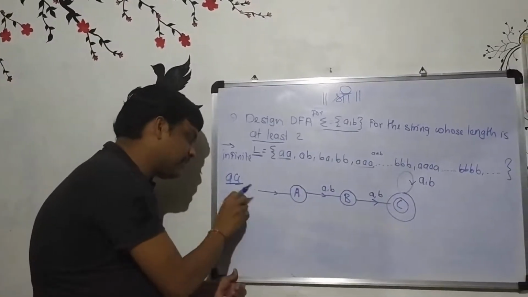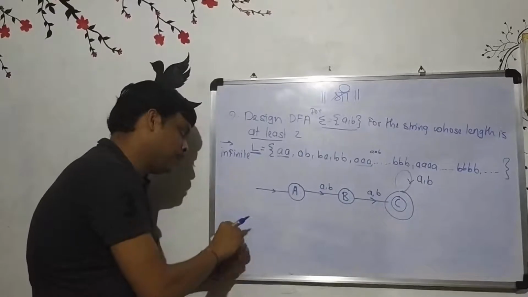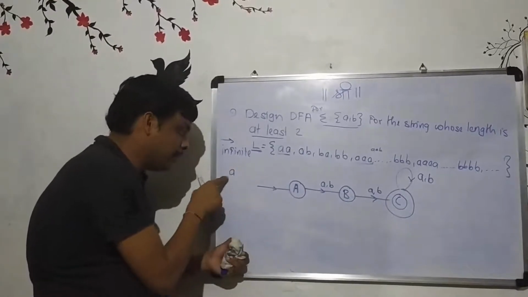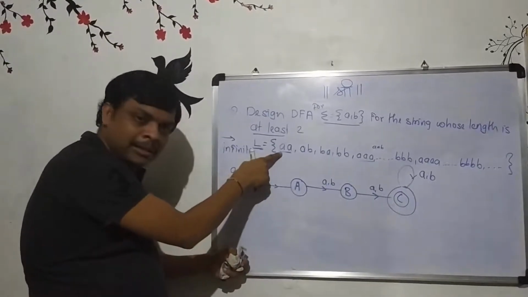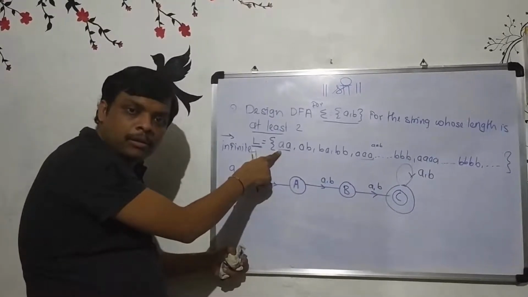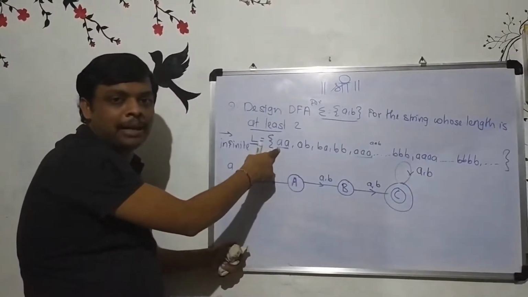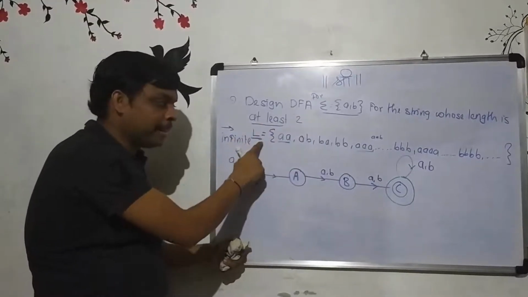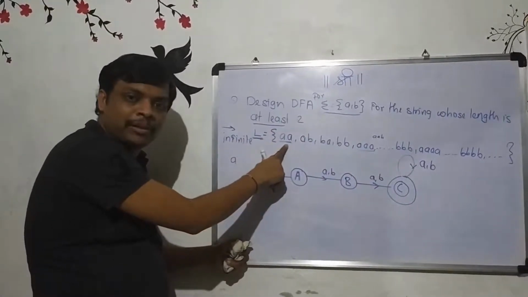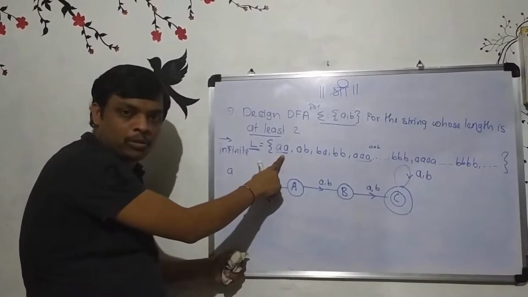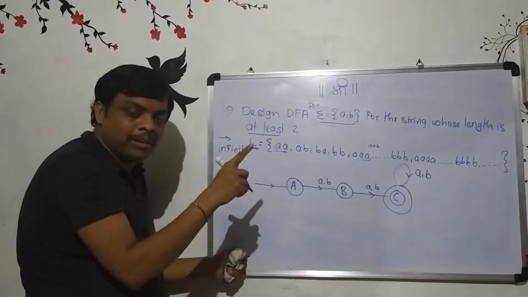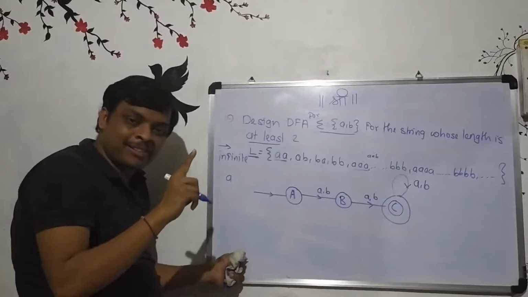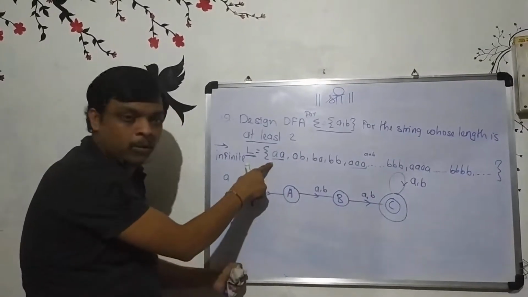Now let us take the example of only A. Whether only A is present in this language? No, this is not present in this language. Why? Because what is the condition given for the language? In this language, we have to accept such strings whose length is at least 2, meaning minimum 2. That means strings with length 1 and length 0 we don't want to accept.